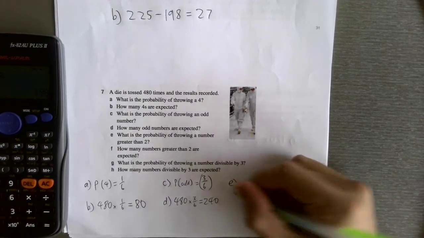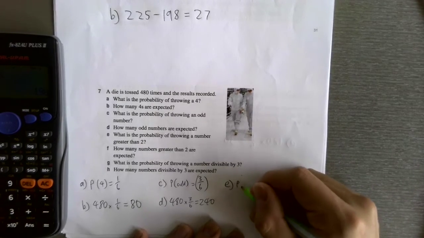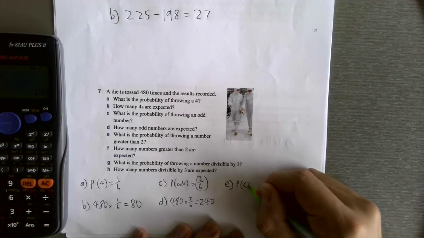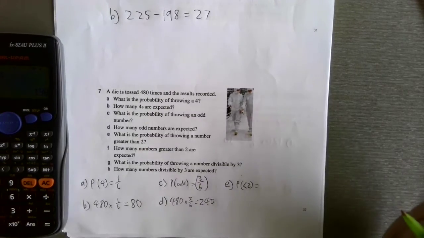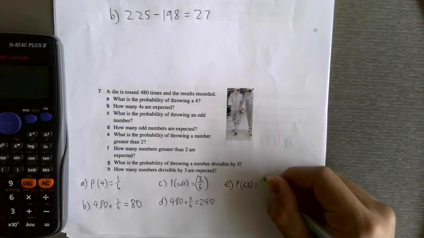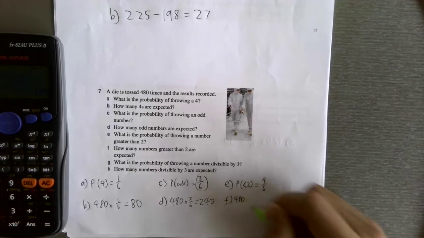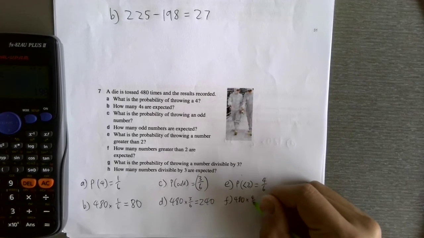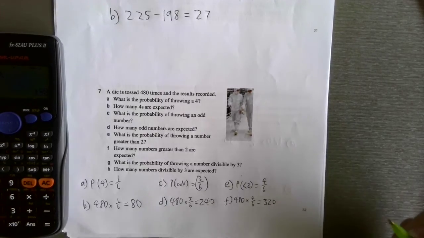The probability of throwing a number greater than 2 — that actually means less than, but don't worry about that. There are 4 numbers that are greater than 2, so our probability is 4 over 6. When we do 480 times 4 on 6, we end up with 320.